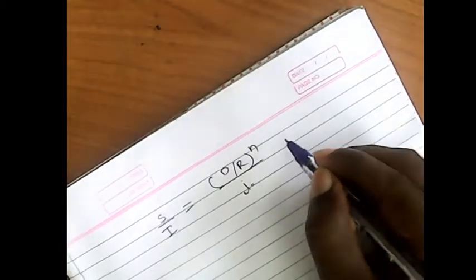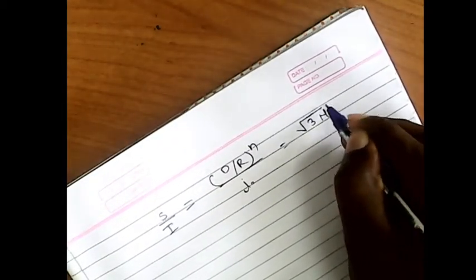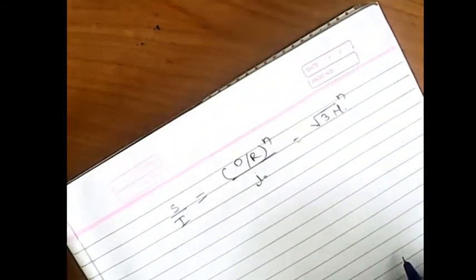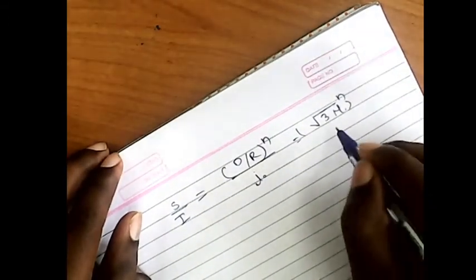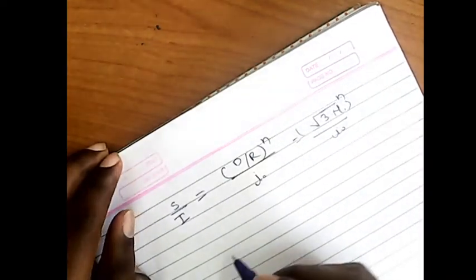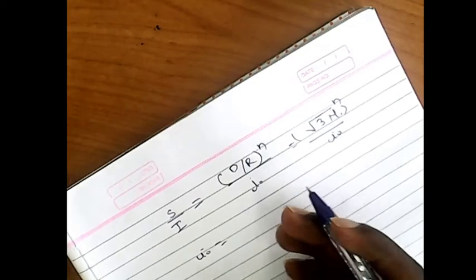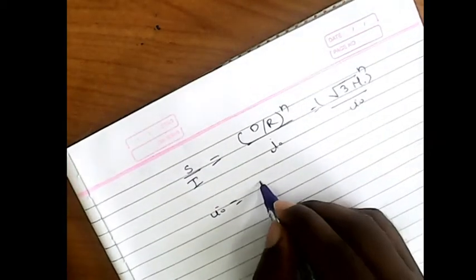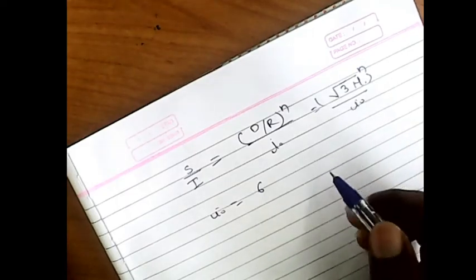So we can also write it as root 3N to the power n divided by I0, where I0 is the number of interfering cells, that is 6, as given, and it is a first tier design.